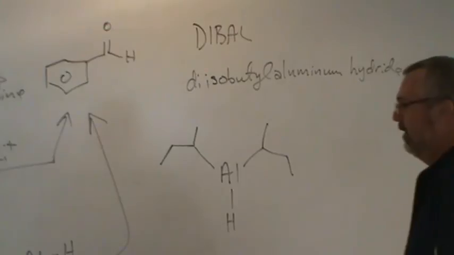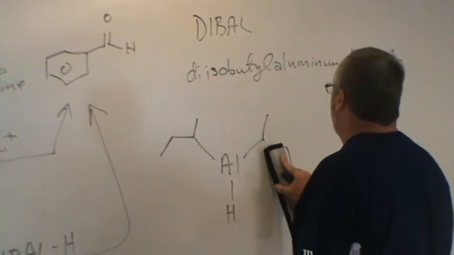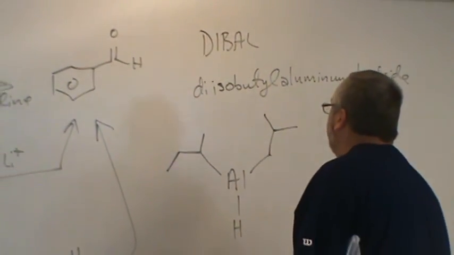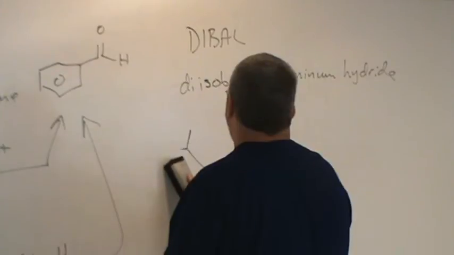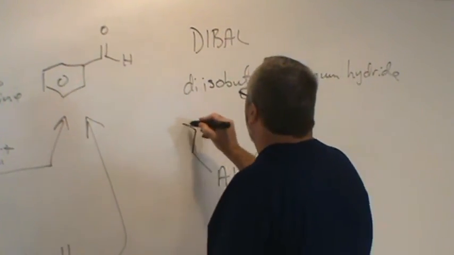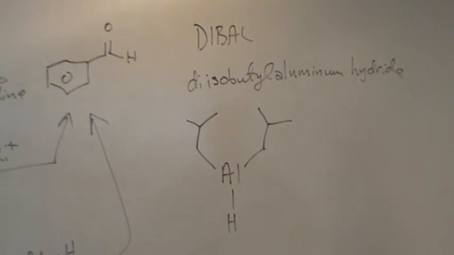And you know what? I think I've given you the wrong structure. That would be di-sec-butyl aluminum hydride. Diisobutyl aluminum hydride looks like this. There we go. There's diisobutyl aluminum hydride.